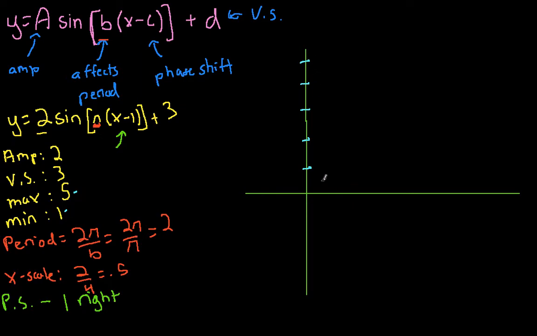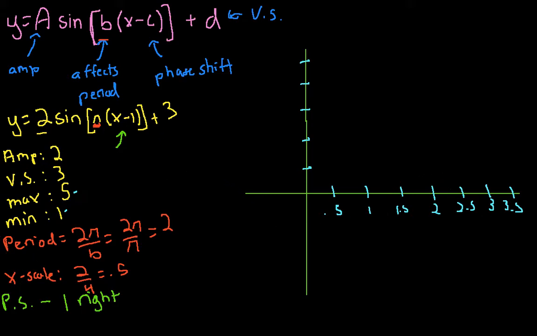My x scale is 0.5, so I'm going to do 7 lines at 0.5. I'll talk about why I did 7 when I discuss the phase shift. So that's 0.5, that's 1, that's 1.5, 2, 2.5, 3, 3.5. All I'm doing is going up by intervals of 0.5.